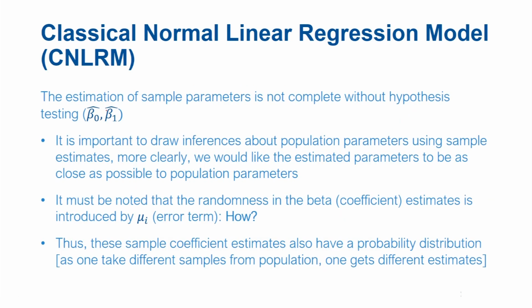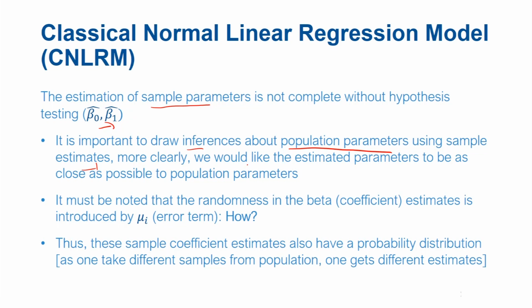Now with this introduction of normal distribution, we can apply the hypothesis testing concept on our parameter estimates beta naught hat and beta 1 hat, because hypothesis testing and inferential statistics are required for sample parameters. We need to draw inferences about population parameters using these sample estimates of beta naught hat and beta 1 hat.